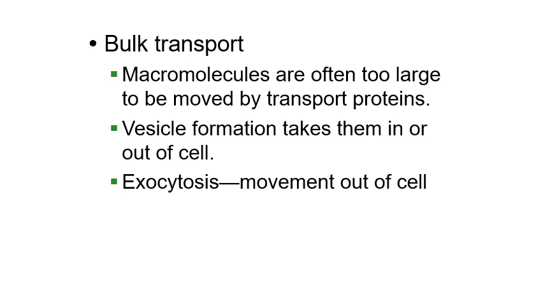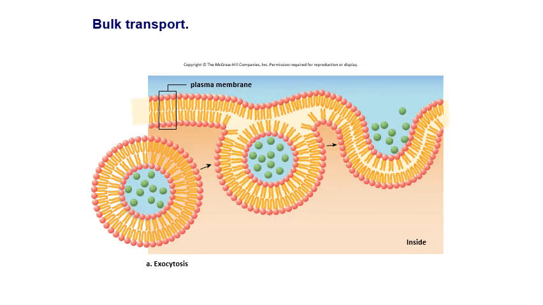Exocytosis is moving large things out of the cell. And here's what that looks like. I've got a vesicle here, so we can see this bubble of phospholipids carrying some particles inside. That phospholipid vesicle is then going to merge with the cell membrane and eventually open up and release those particles into the external environment. So that's what exocytosis looks like.